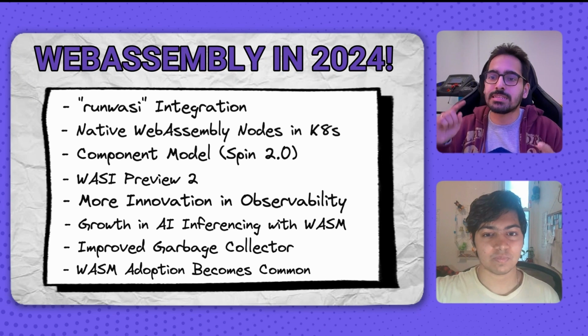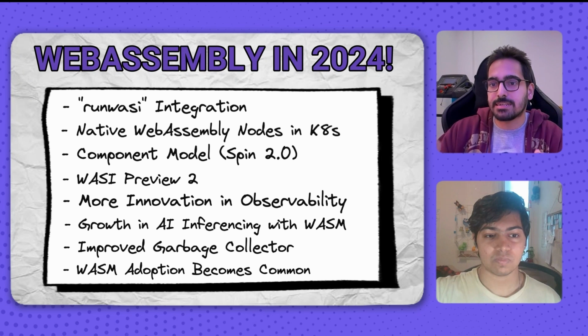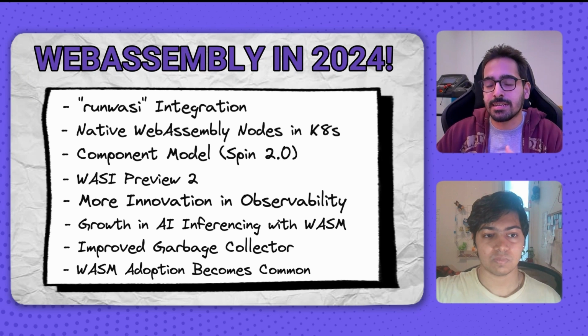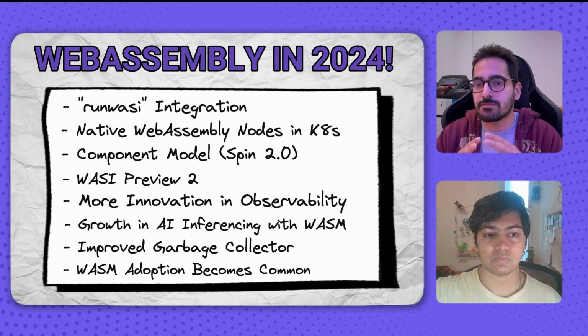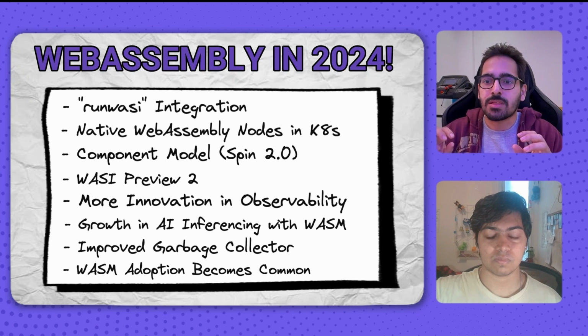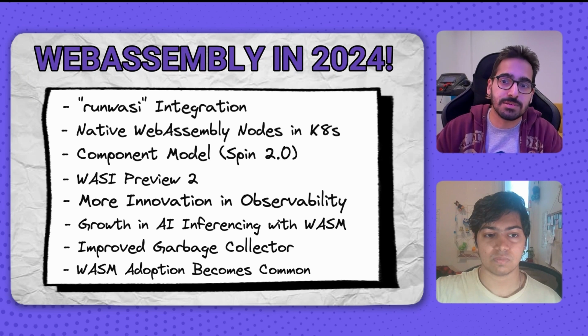That makes it a whole different story, and shows practically that adoption is skyrocketing. This 2024 will be very special for WebAssembly when it comes to adoption, because this year we'll see more and more practical use cases, and we'll see acceleration in the proposal enhancements as well.